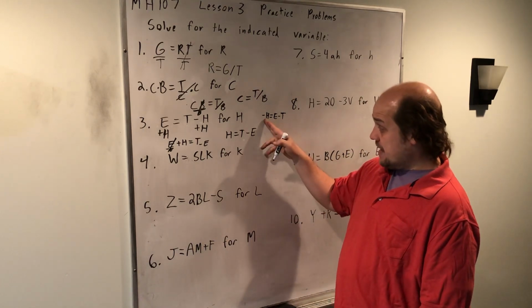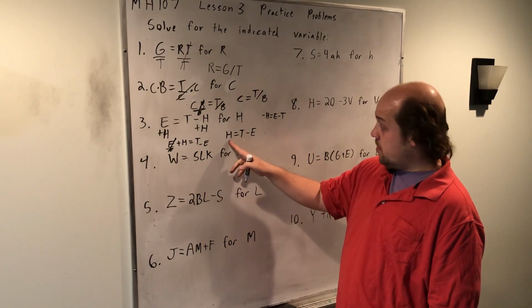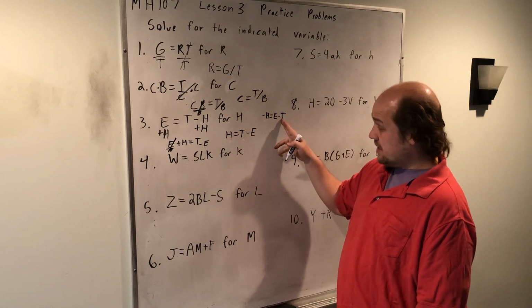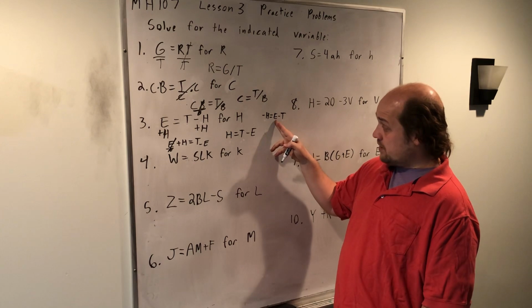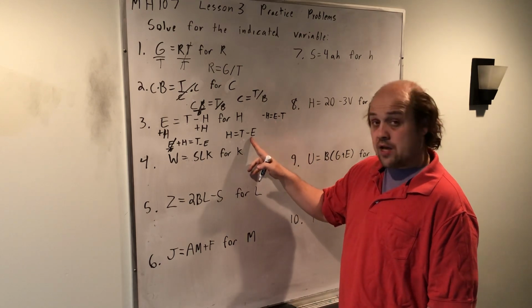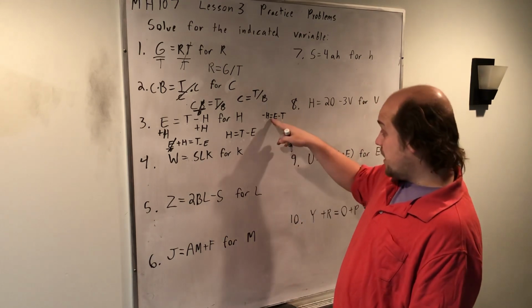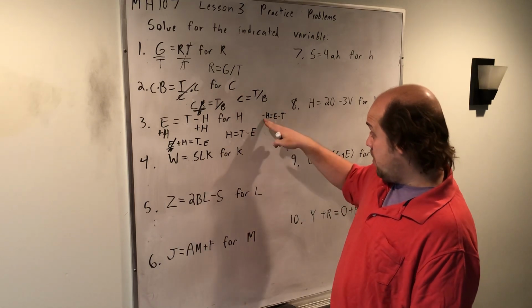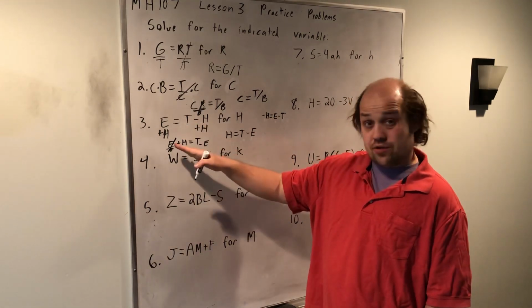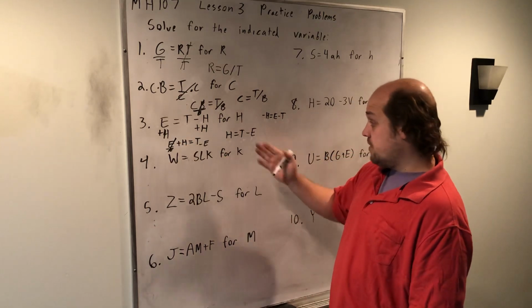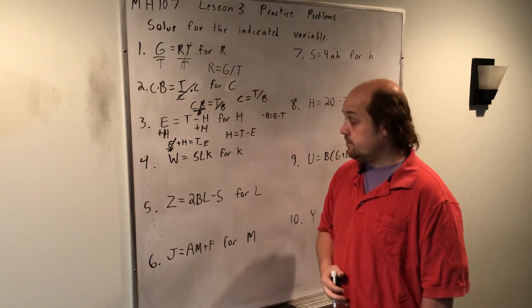If I take this negative h and change the sign, it would become a positive h. If I took this negative t and changed the sign, it would become a positive t. And if I took this positive e and changed the sign, it would become a negative e. So really I can move from here to here by multiplying this equation by negative 1. I think it's easier to see this way, but either is a valid way to arrive at the answer.